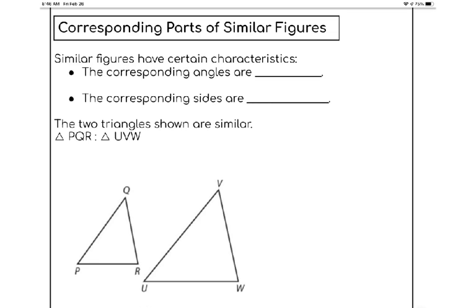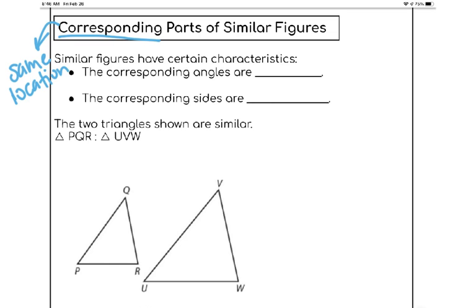Okay, so if we go back and remember the word corresponding, I just want you to think about corresponding as being the same location. It's in the same location on both of the figures.